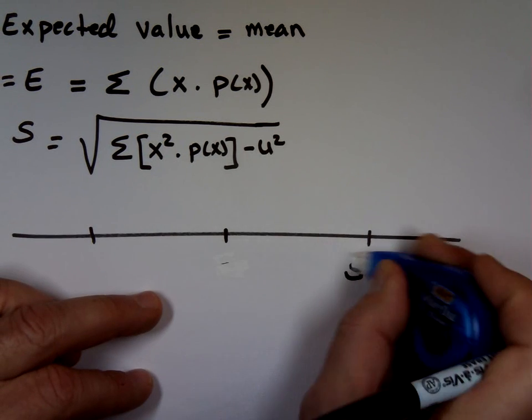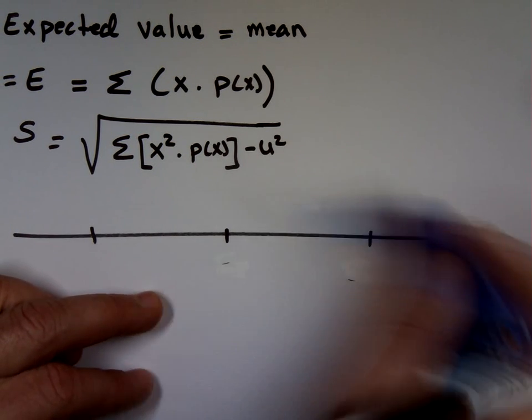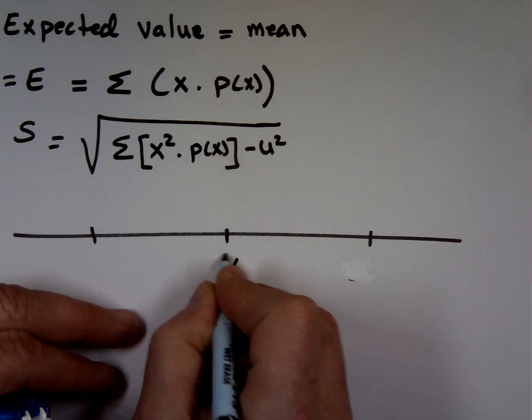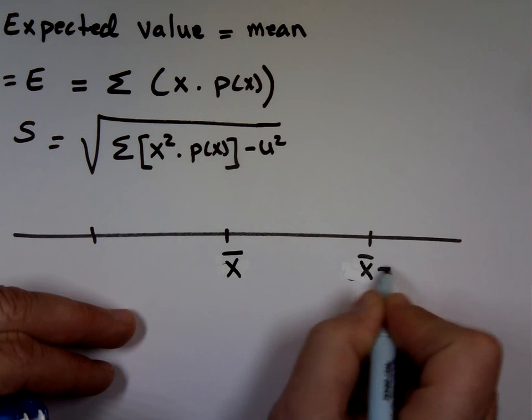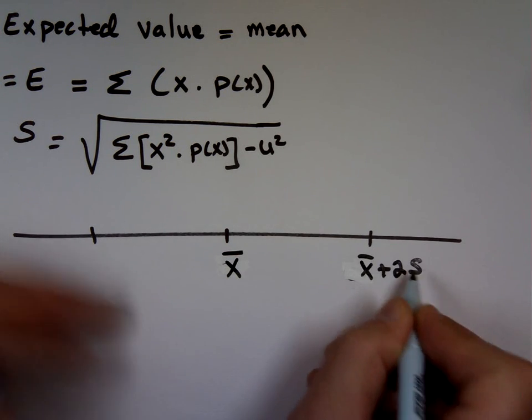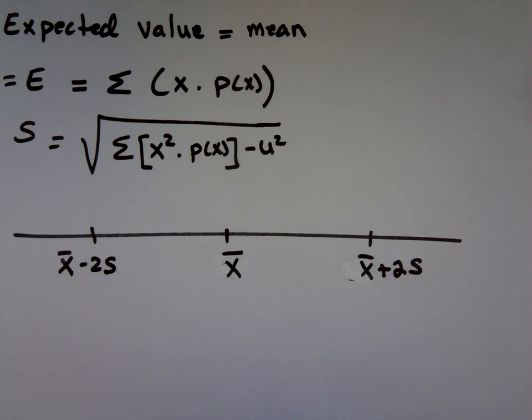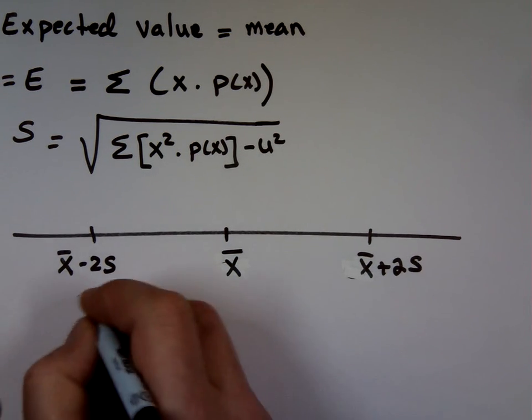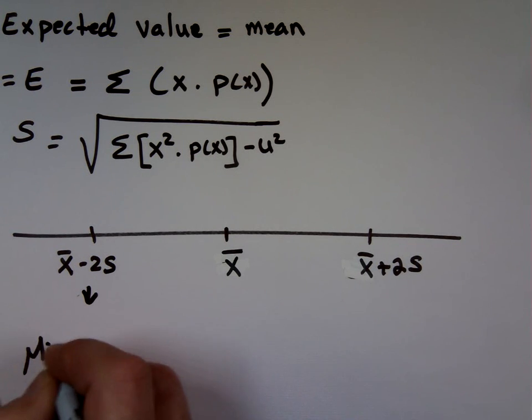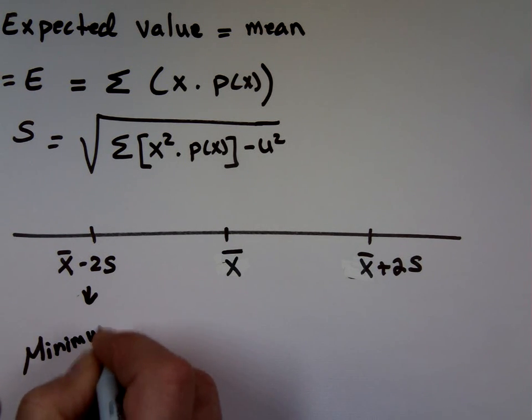What is the maximum and minimum value determined by? Isn't that twice the standard deviation? So this is the minimum usual value, and this is the maximum usual value.